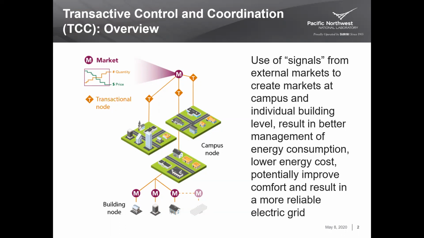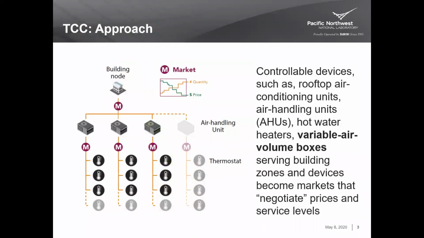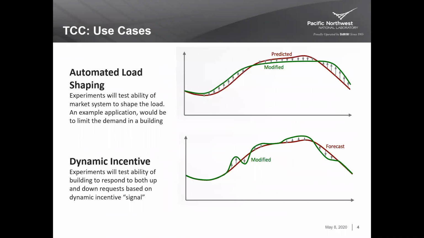And that flexibility is determined based on some modeling that's done in the agent. Currently we've deployed this application for several types of devices, including rooftop air conditioning units, air handling units, with VAV boxes and lighting systems. A couple of the use cases that we've deployed for: load shaping, and then dynamic incentives.